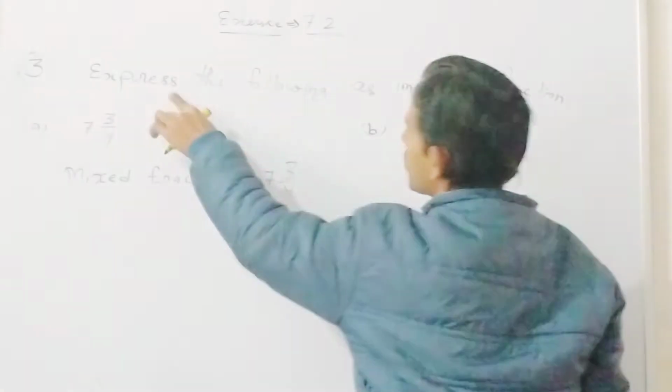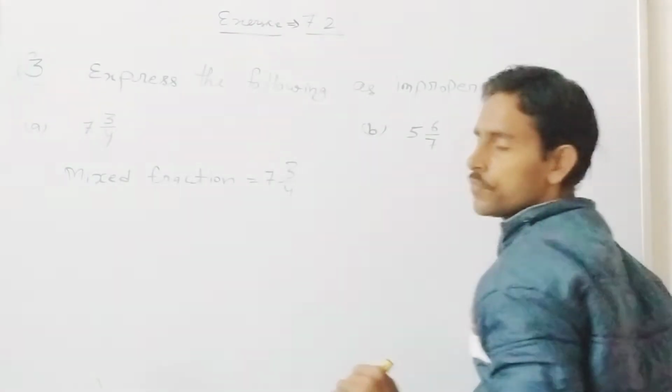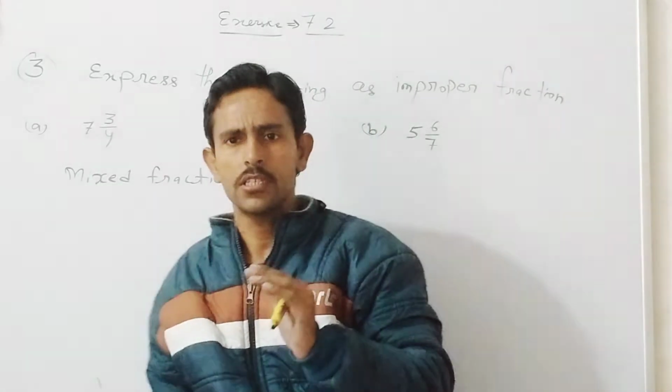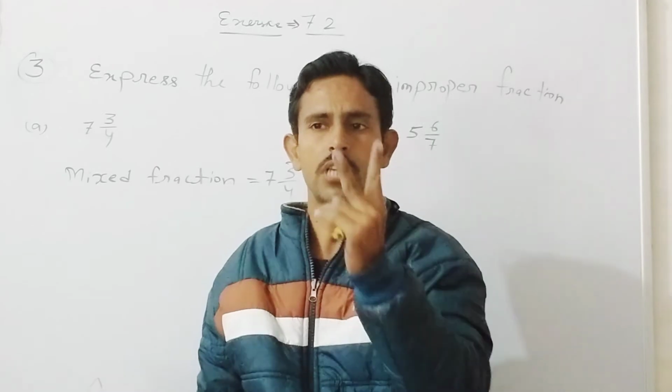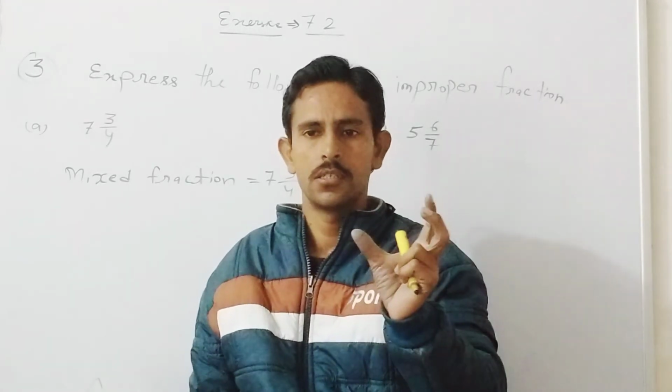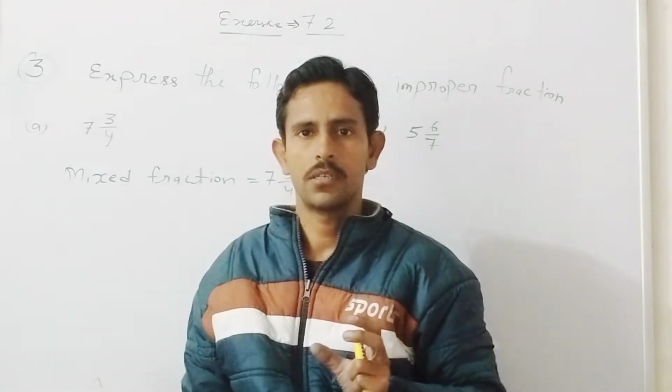Now we have to express this as an improper fraction. First of all, I want to tell you what an improper fraction is and what a proper fraction is. There are two types of fraction: improper fraction and proper fraction.